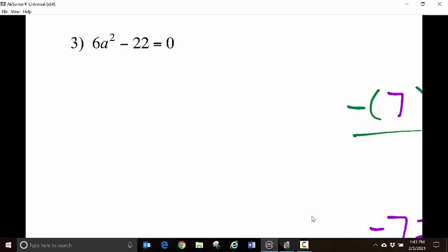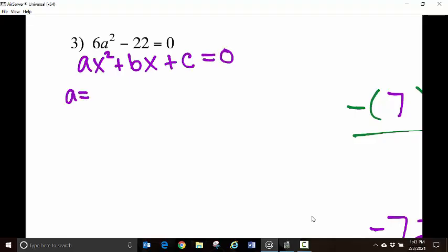For this one, step 1 says get A, B, and C. All right, so we want ax squared plus bx plus c equals 0. So my A is 6, and my B is negative 22, and my C is 0, right?